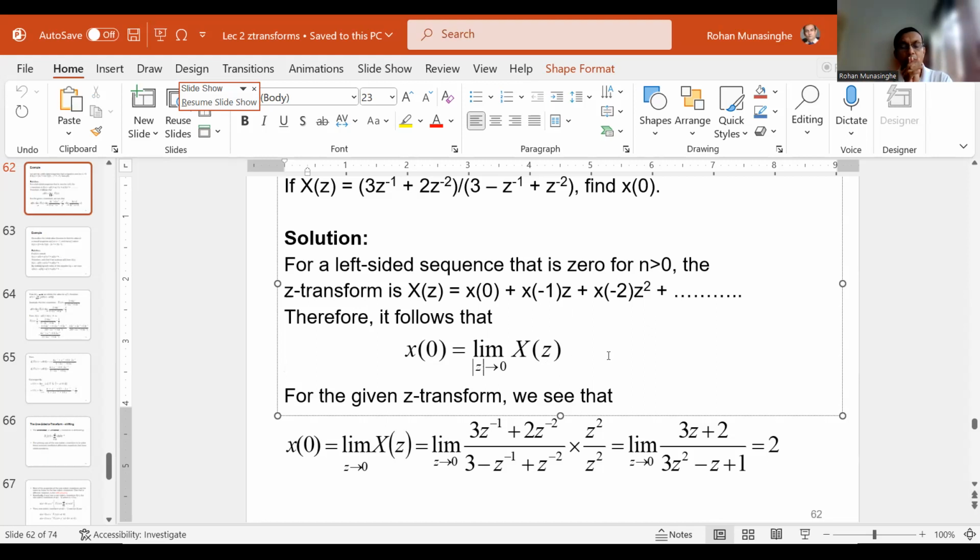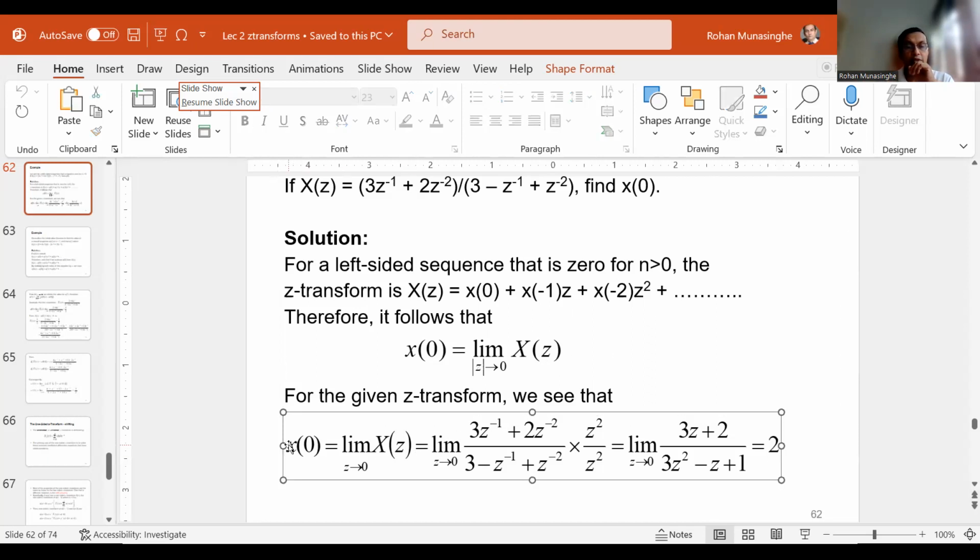So the answer to the question is only this much: x0, the first sample of the sequence, is the limit of X(z) as z goes to 0, all the terms except the terms with z to the minus powers.